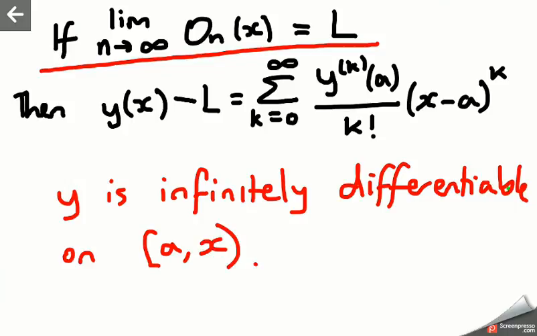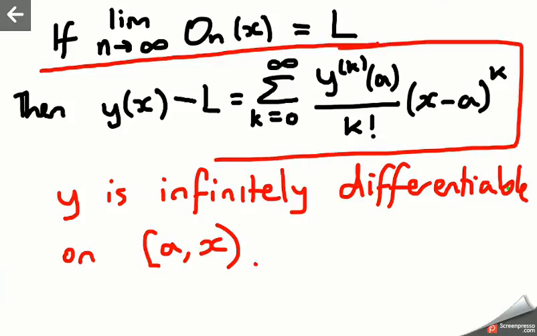Yeah, and it doesn't have to be differentiable at x, I don't think. So it has to be differentiable on the interval between a and x, and I guess not necessarily at x, but definitely on the interval between a and x. Okay, anyway, that's the Taylor series right there.